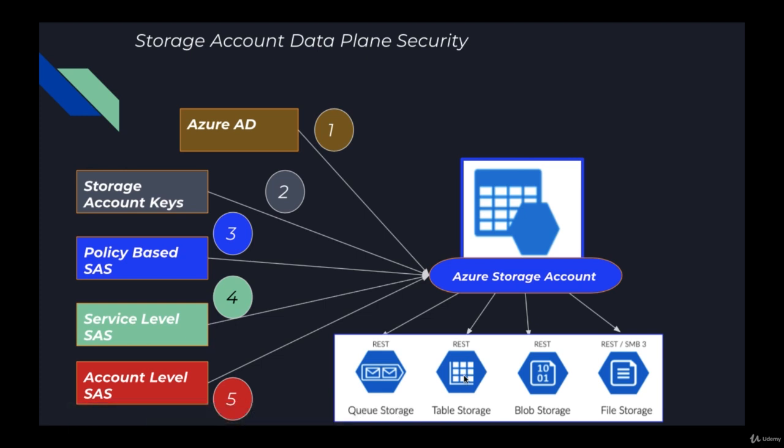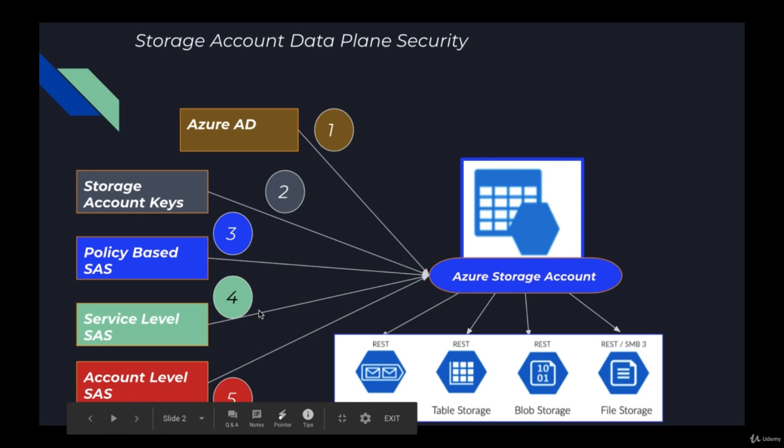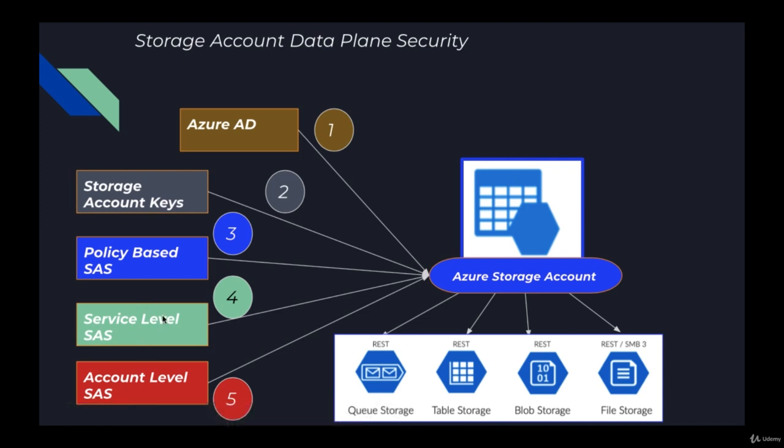within the table storage. And now we come to what we call the policy based SAS. The issue with SAS keys is that when you create a service level or account level key, once you have generated the access keys and given them to a user or application, and let's say tomorrow there is a need to change these SAS keys, you cannot do that.